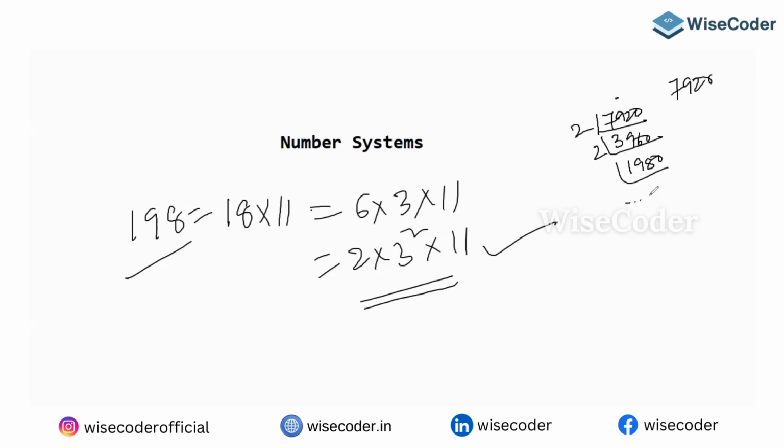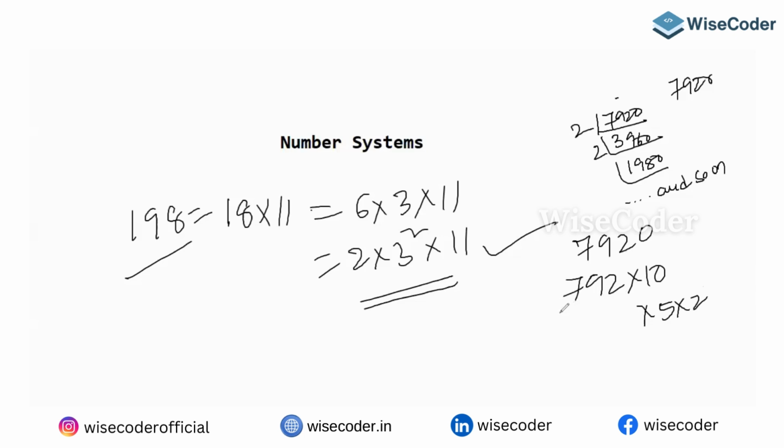This process goes on and so on. Yes or no? But what is a better way to solve this? 7920. So can I write 792 into 10? Yes or no? So you can write this as 5 into 2.